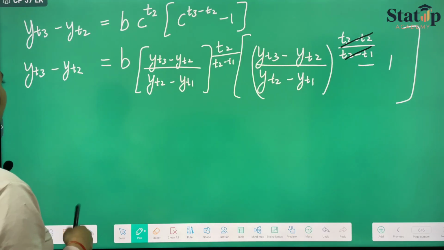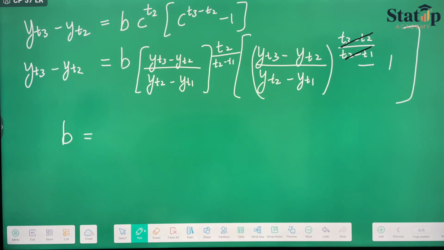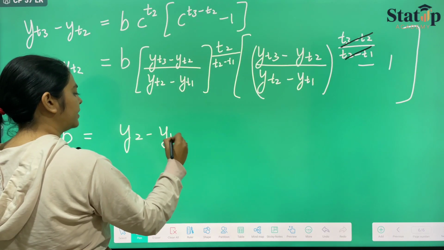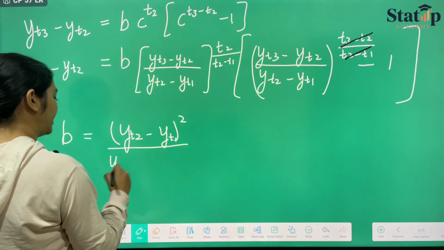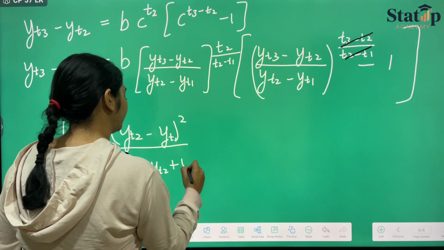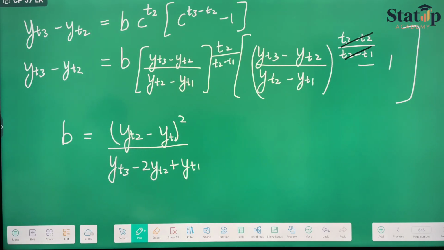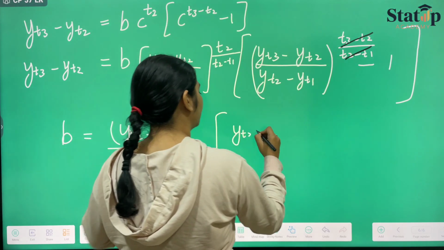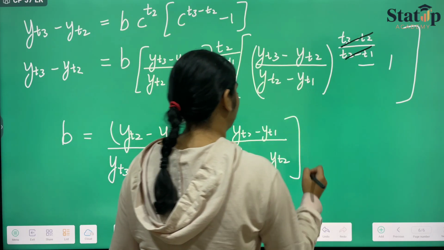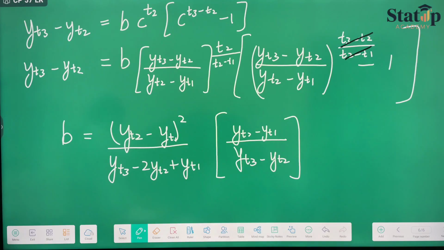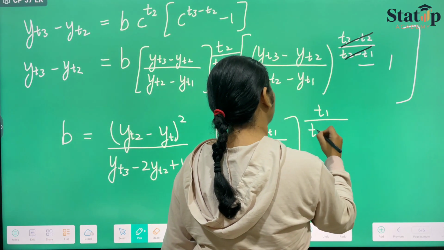So on solving it, we'll get the value of B as (y_T2 minus y_T1) upon (y_T3 minus y_T2) raised to the power T1 upon (T2 minus T1), with the exponent 2y_T3 minus 2y_T2 plus y_T1.